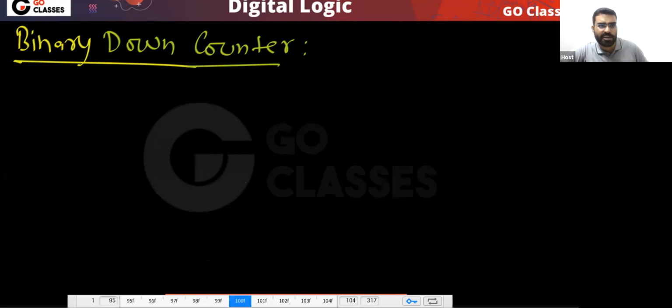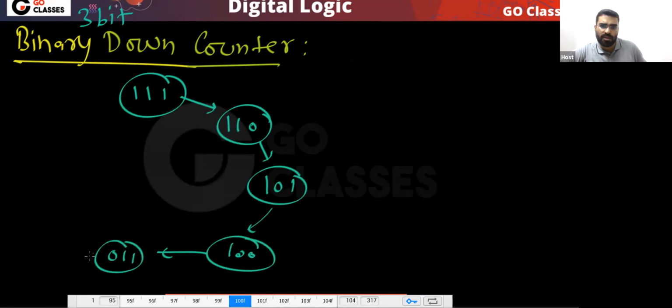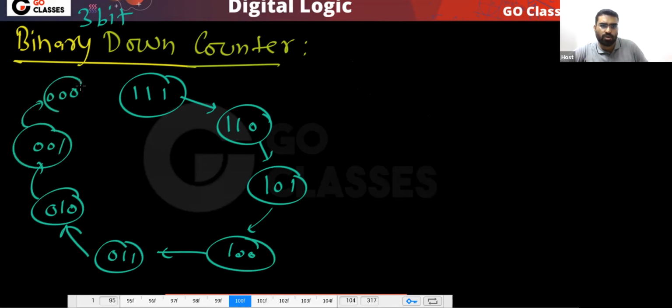So what is a 3-bit binary down counter? That will be from 111. This sequence is called a 3-bit binary down counter. 111, then 110, then 101, then 100, then 011, then 010, and then 001, and then 000, and then back to 111.